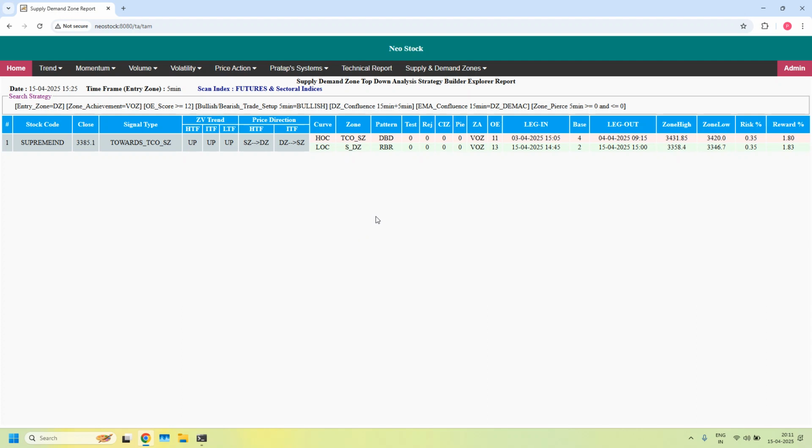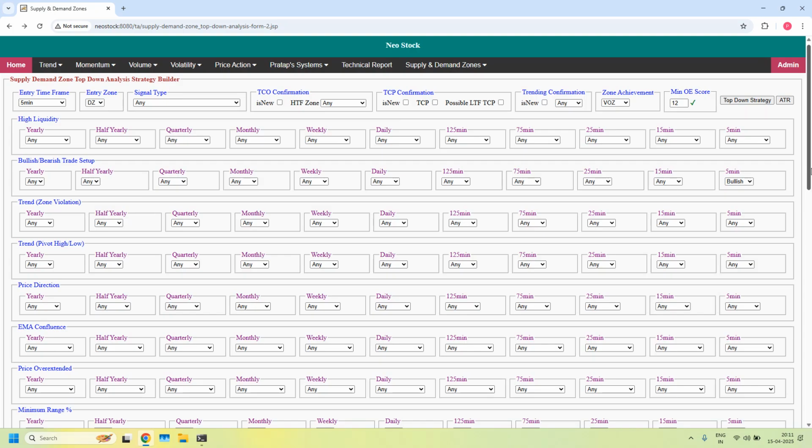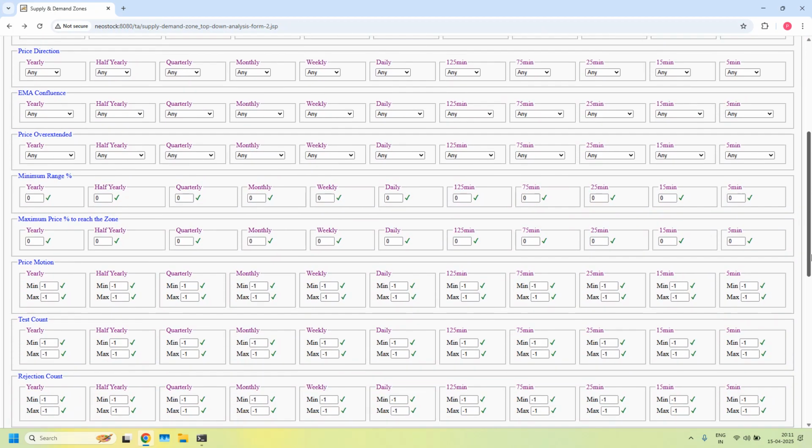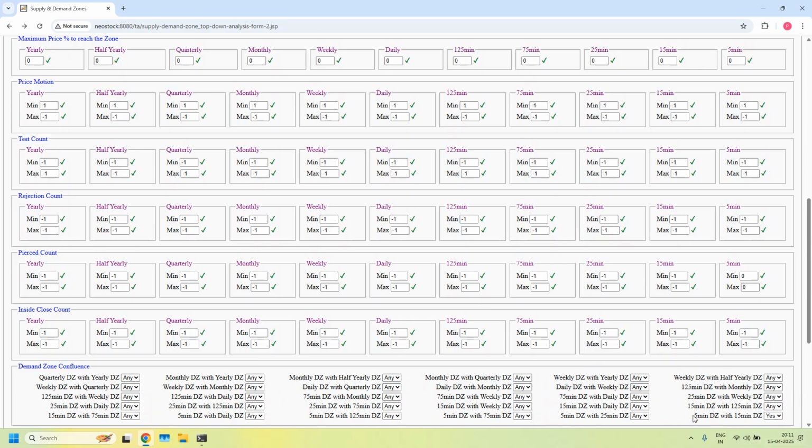Next, we will look into LTF, ITF and HTF demand zone confluence supported stocks. In the demand zone confluence, we have to set 3 filters. The first is 5 minutes and 15 minutes. Next, 5 minutes with 75 minute demand zone confluence.